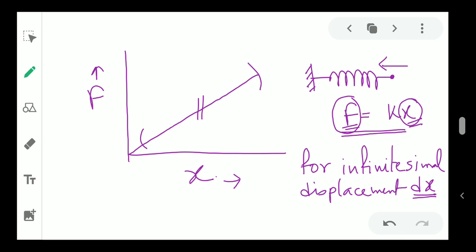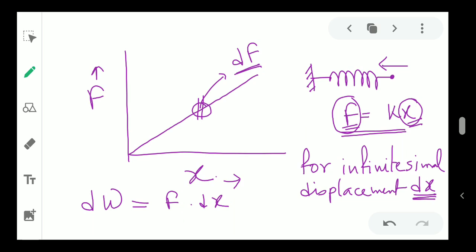But if you take a very small quantity, then for this location we can say that F is almost constant, it is not changing. So to do this much displacement I have to do dW of work. So I can always write this as dW equal to F dot dx.